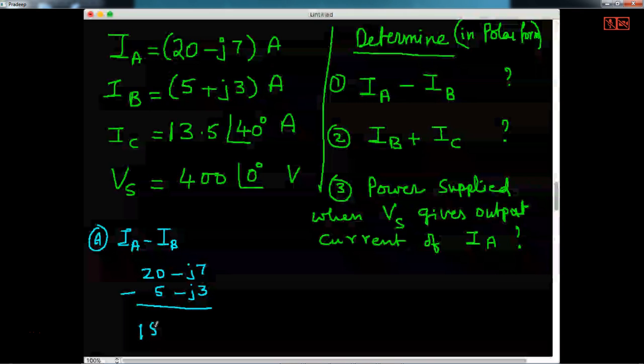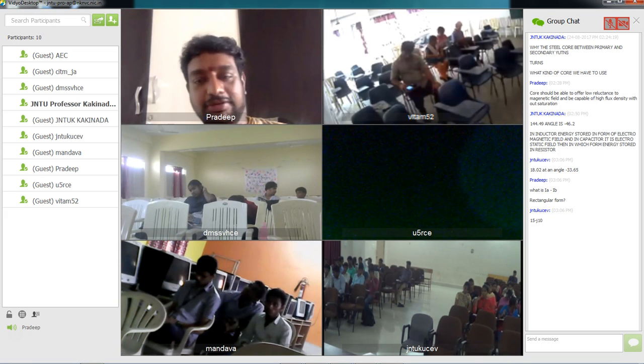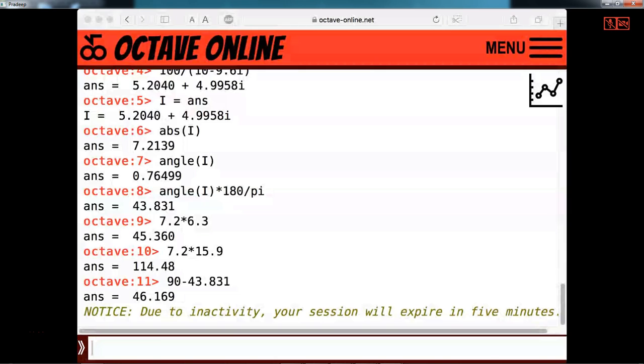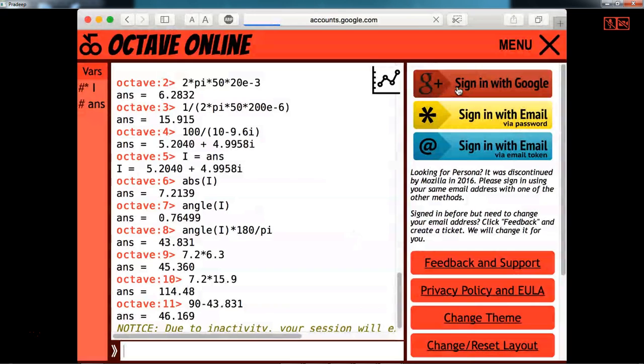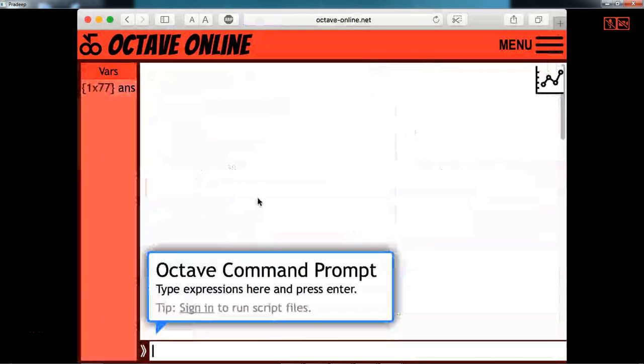So again, let me use my Octave interface to convert this. Let me quickly sign in. So on the left side, I can create a new file.